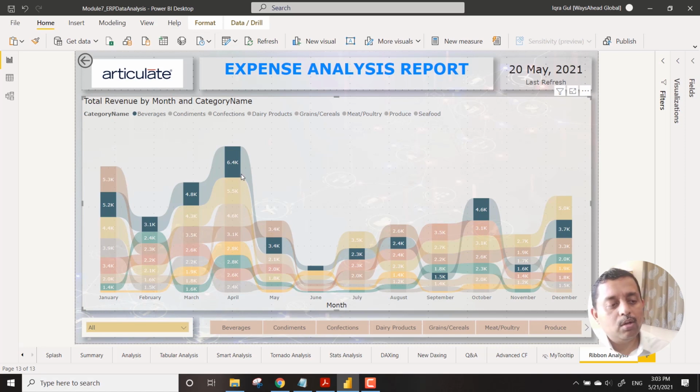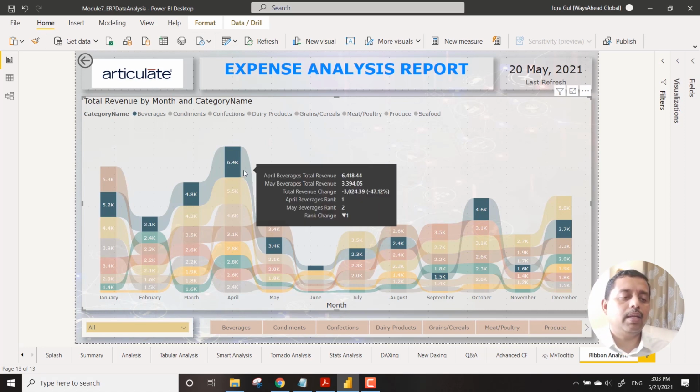Now, if you just look at this particular thing, this is something very interesting. Unless and until I took my cursor to this part, the AI insight was actually not visible. So now it says that from April to May, though there was a dip in only one rank, the actual dip was almost 47%.